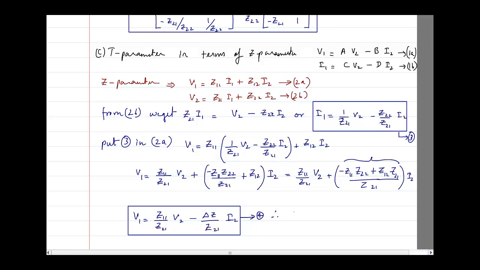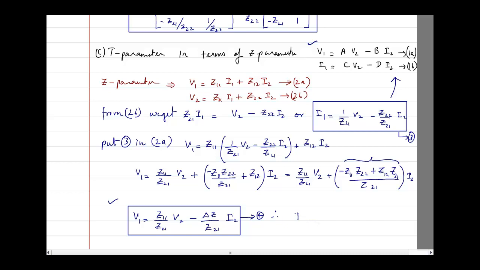Therefore, if I compare 3 with 1b and 4 with 1a, I am going to directly write the answer.